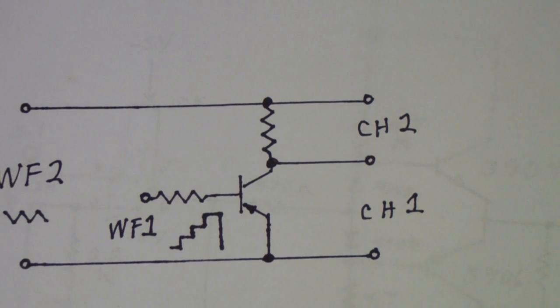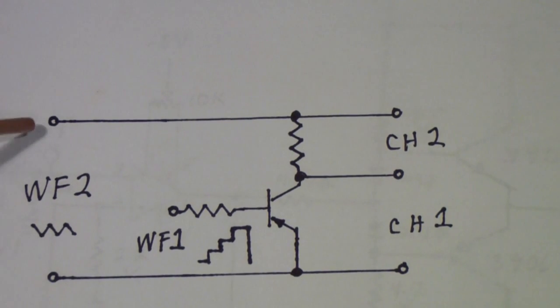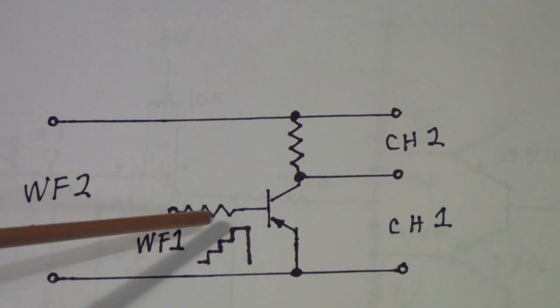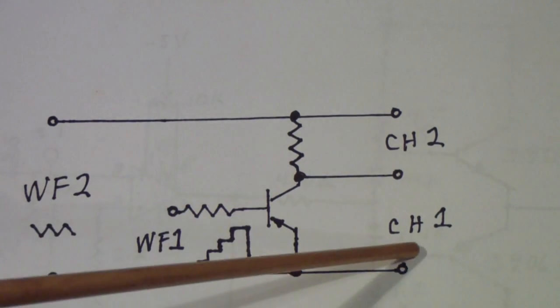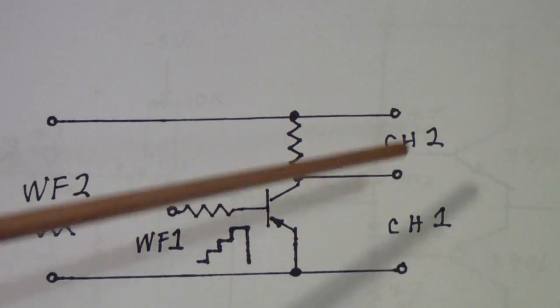If you wanted to make this into a commercial, or I should say a more commercial grade circuit, what you would want to do is, as I pointed out, amplify the current of waveform 2 and of waveform 1, and you might want to provide switching so that you can switch channel 1 polarity and channel 2 polarity.